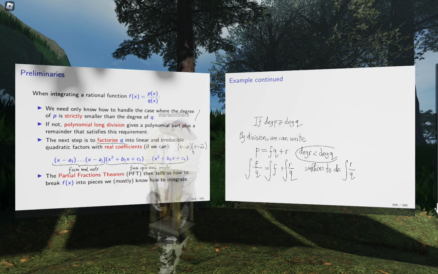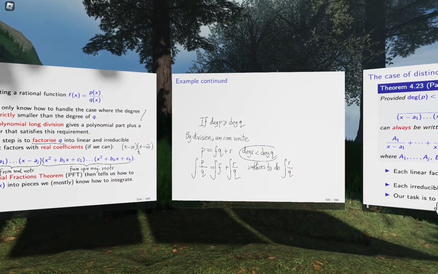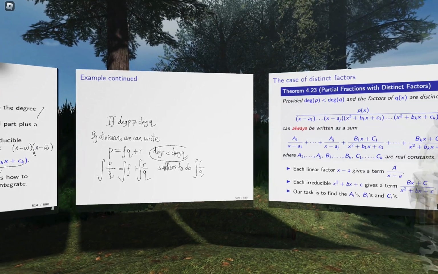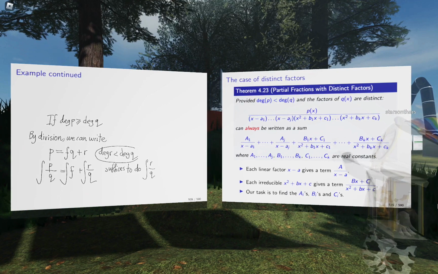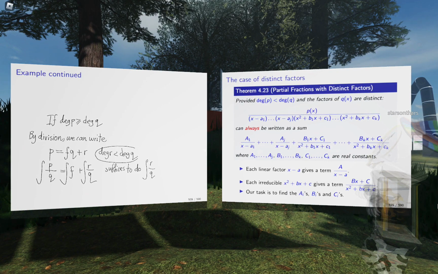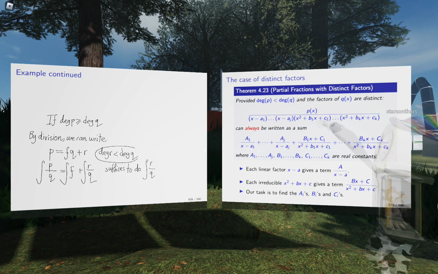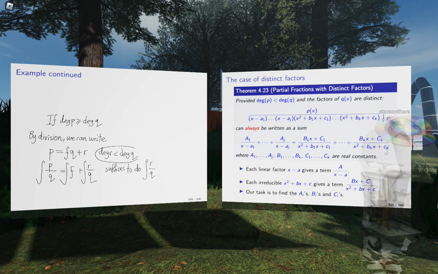Okay, so now let's see how that gets used. Theorem. We start with the degree of p being less than the degree of q. Then factor q, so it looks like the denominator here. Right? This is a q.